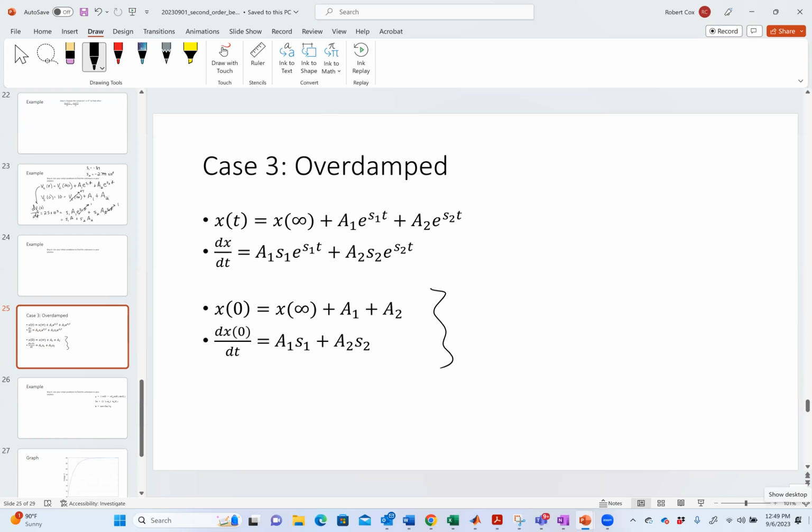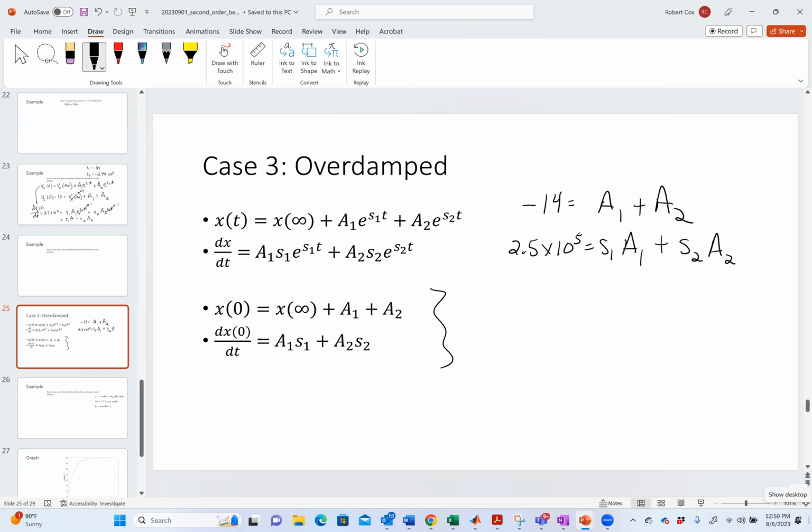So in this particular case, we just solved this. I ended up with negative 14 equals A1 plus A2, and 2.5 times 10 to the 5th equals S1 A1 plus S2 A2.